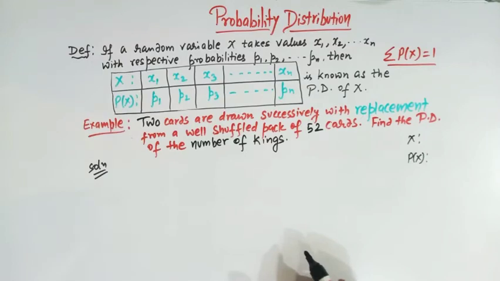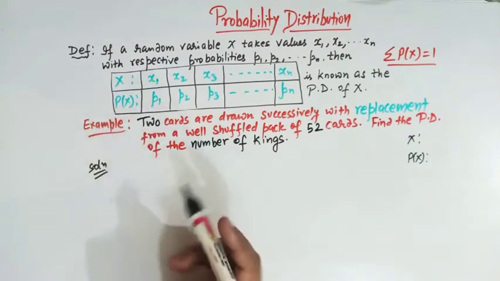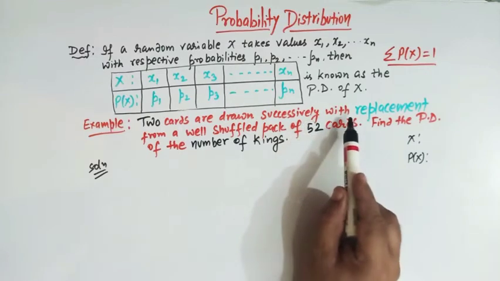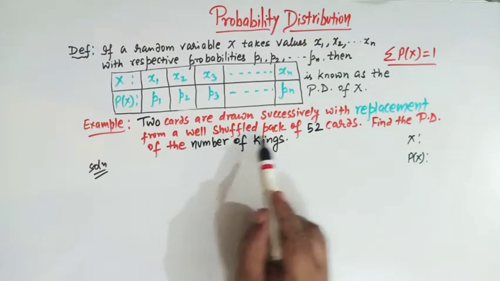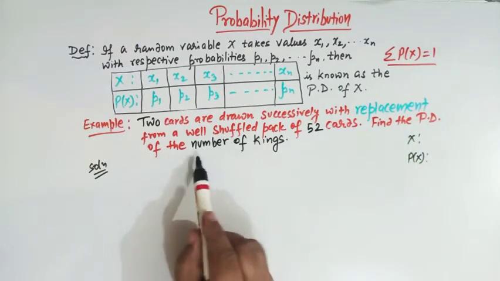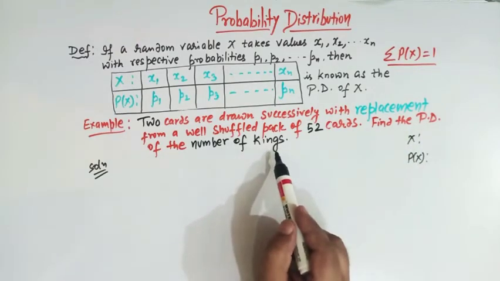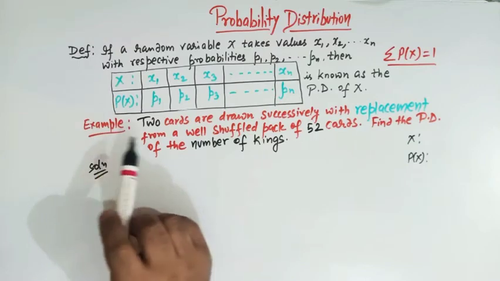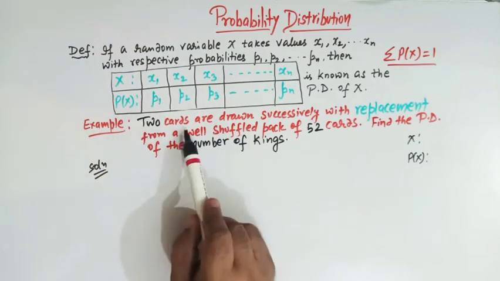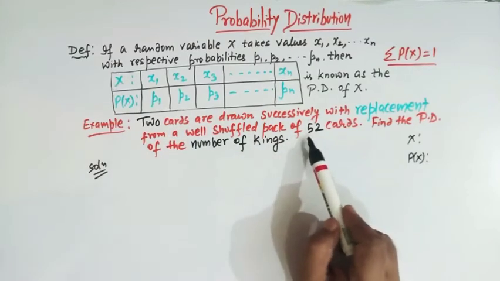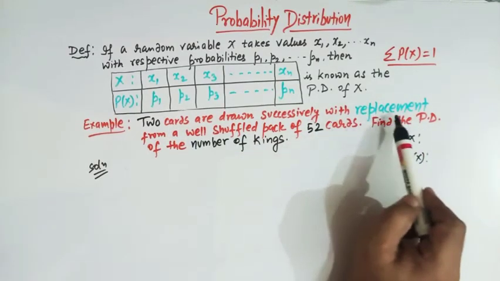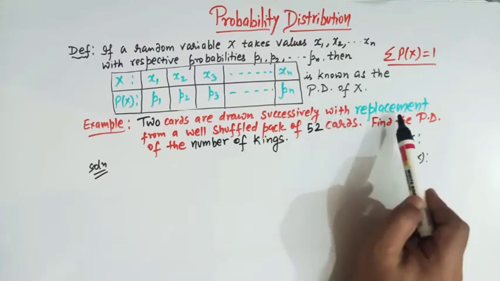Now let us take one more important example. Here two cards are drawn successively with replacement from a well shuffled pack of 52 cards. Now we have to find the probability distribution of the number of kings, right? So we have to draw two cards from a pack of 52 cards, it is with replacement.